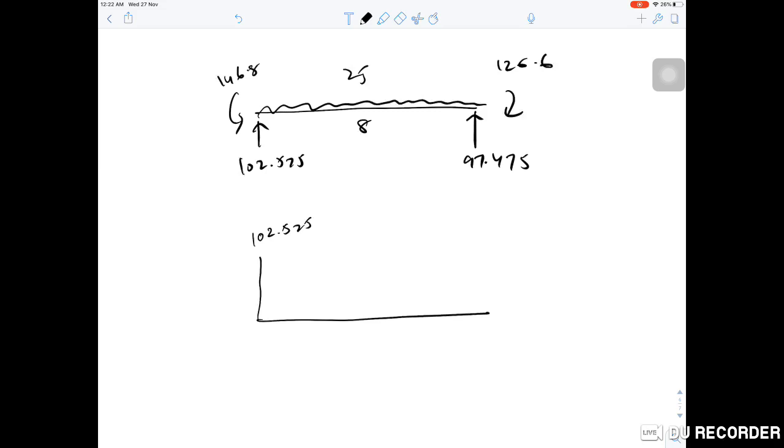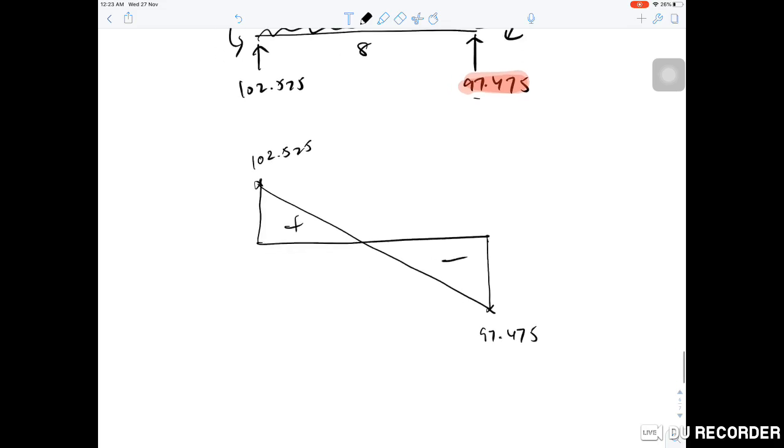We minus 25 times 8, we get negative 97.475 here. Plus back with this, we get back to 0. So we just have to join the dots like this. So here is positive, negative.